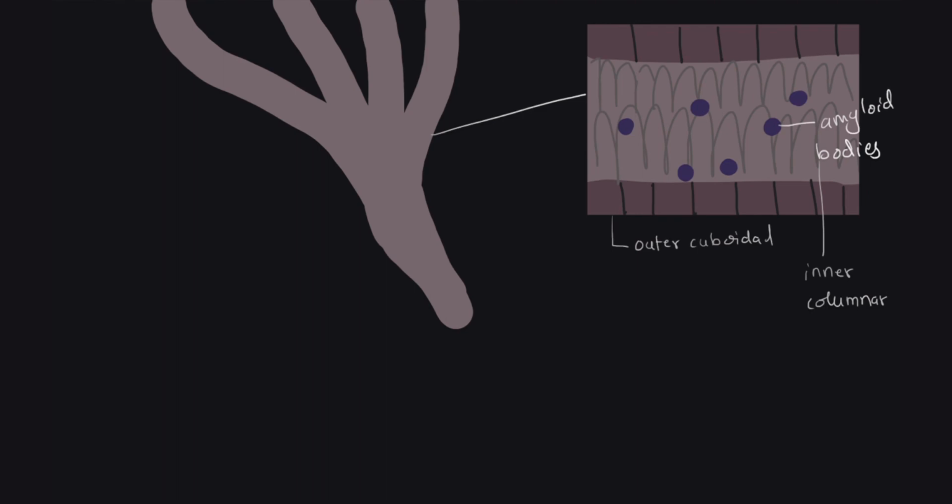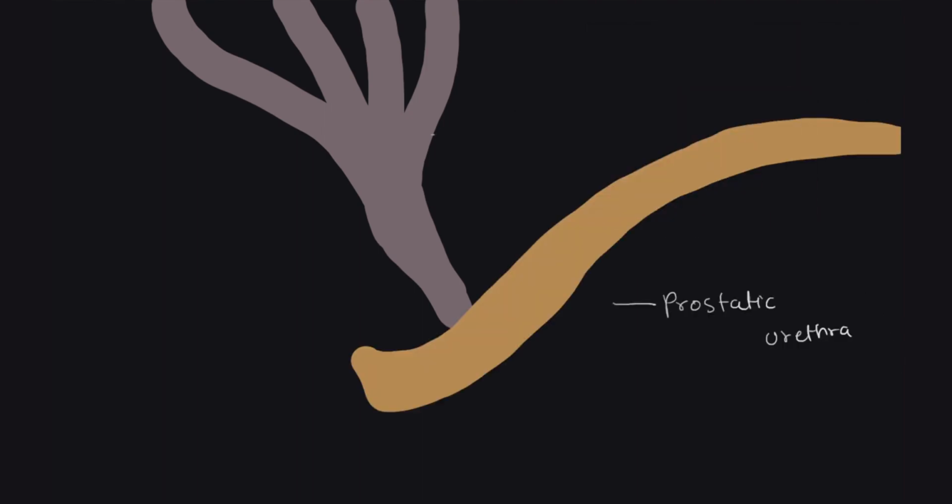Then all of these ducts come together and empty into the base of the prostatic urethra. The prostatic urethra is where the prostatic fluid and the seminal fluid both empty.